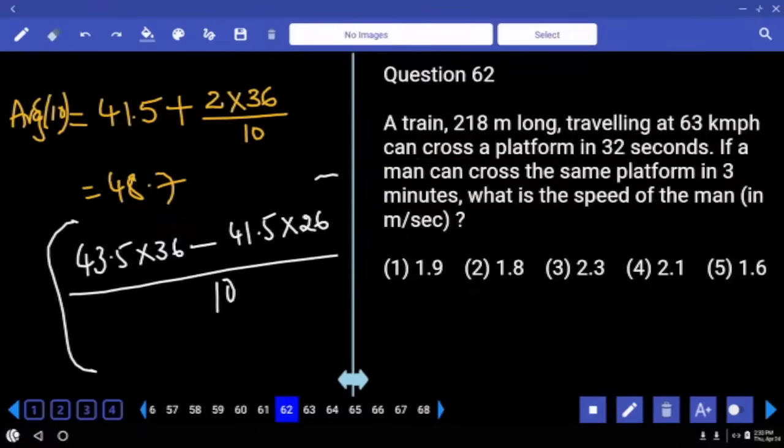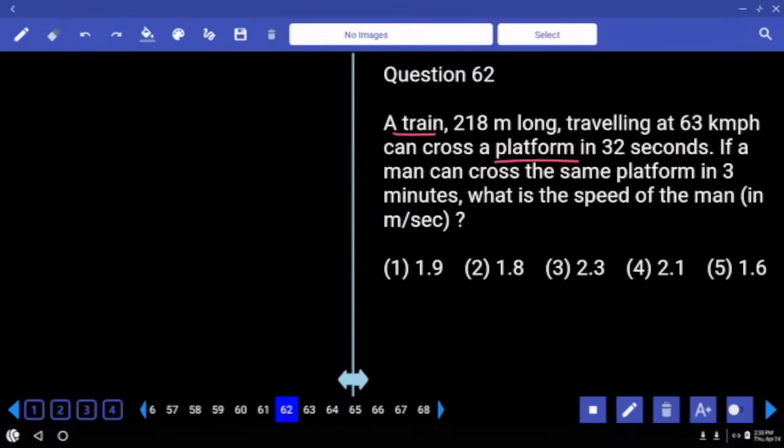A train 218 meters long traveling at 63 km per hour can cross a platform in 32 seconds. If a man can cross the same platform in 3 minutes, what is the speed of the man in meter per second? If a train crosses a platform, distance covered is train length plus platform length. Distance is speed into time.